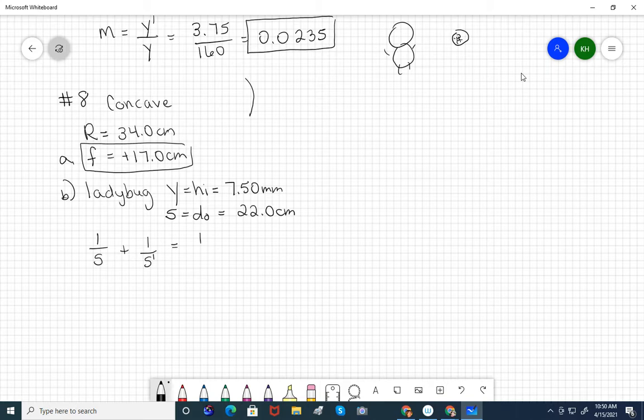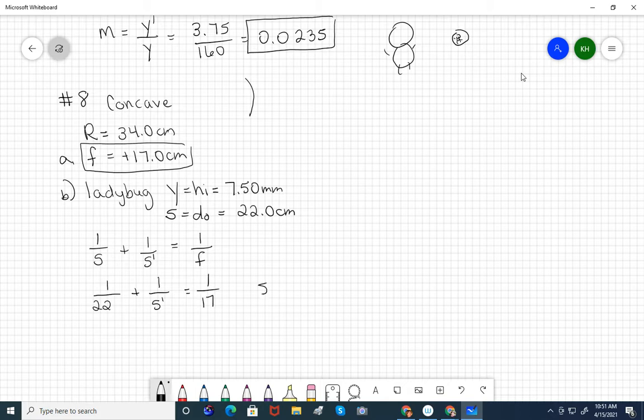1 over S plus 1 over S prime equals 1 over F. S is 22 centimeters. The image distance we do not know. The focal length is 17 centimeters.